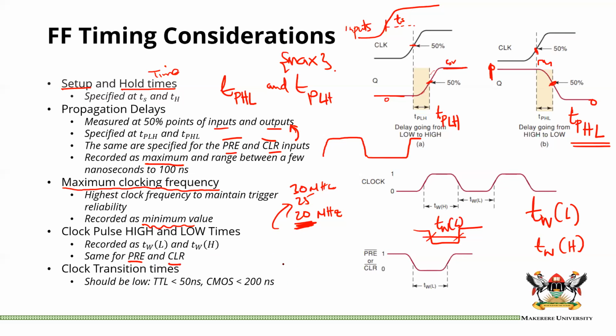Clock transition times, we talked about this, between the 10% to 90% points. This time is the transition time, okay? Maybe TT, which should be for TTL less than 50 nanoseconds, for CMOS around 200 nanoseconds.